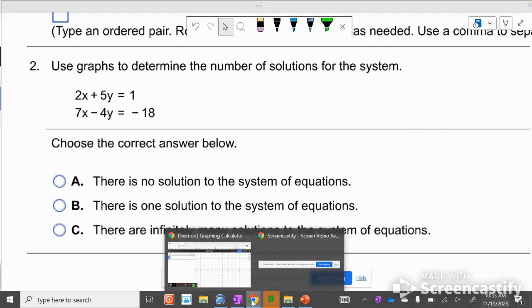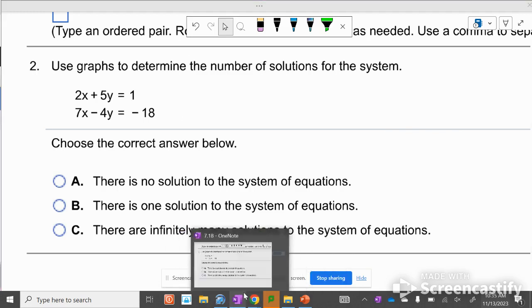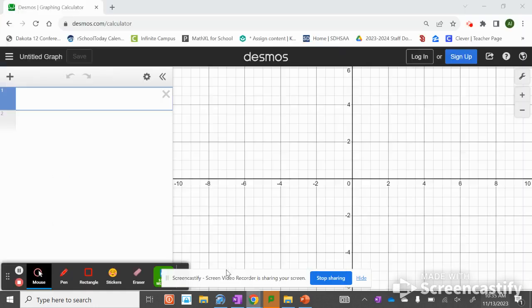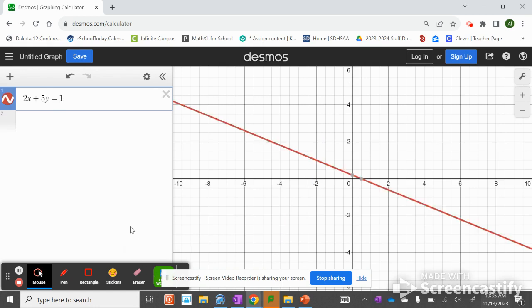2x plus 5y equals 1. And then to add a second equation, you just click down here.